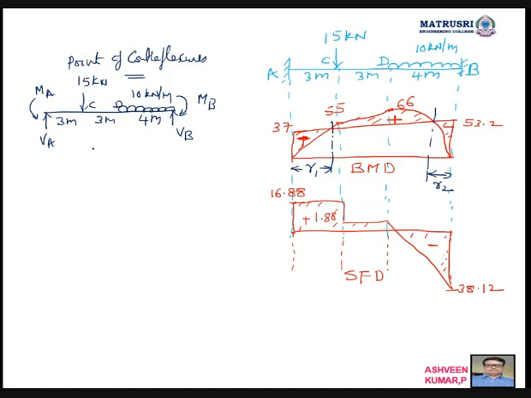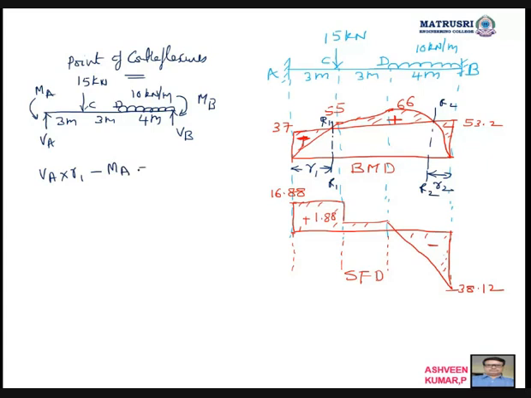So I will take the moment about this one. Say R1. This is moment about R1. This is moment about R2. So what will happen now? VA into R1. Listen please. VA into R1. So no load is there here. So this is minus MA.